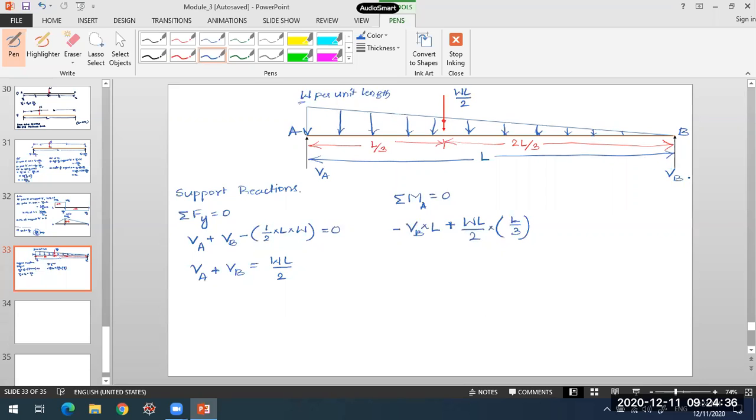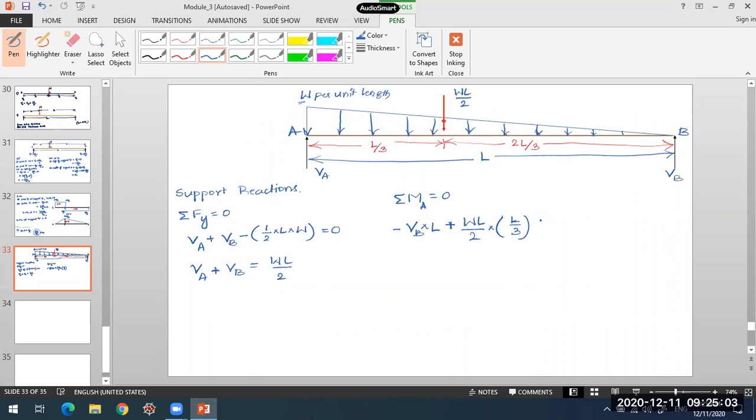One moment was due to VB, the reaction at B, which is minus VB into L, an anti-clockwise moment. The other force having moment about point A is this uniformly varying load. We first determined its resultant, and then calculated its moment about point A, which is WL by 2 into the distance L by 3.